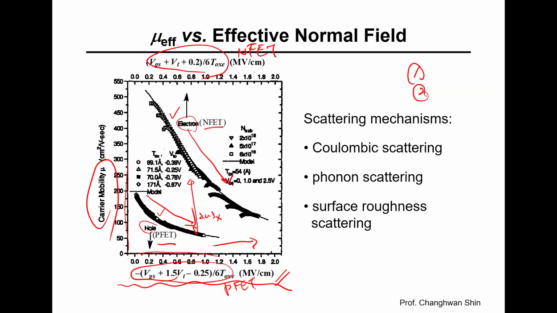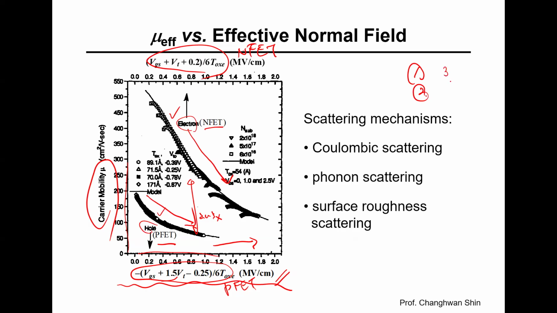So this occurs because higher fields push carriers closer to the silicon oxide interface, where scattering is more pronounced. So imagine walking on a beach. You move more quickly on the firm, wet sand than in the soft, dry sand near the dunes.